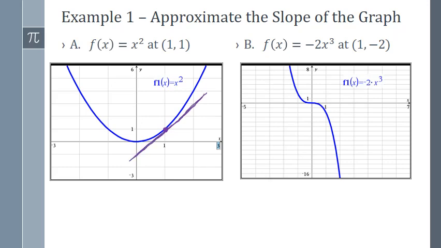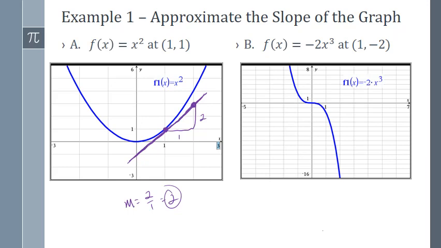So there's my tangent. Remember, it can't cross through, it's just going to touch and then keep going. If I find another point that looks like it crosses about right there, my rise and my run look like I run 1, I rise 2, so my slope would be 2 over 1, or 2. So my slope of the graph of x squared at (1, 1) is approximately 2.